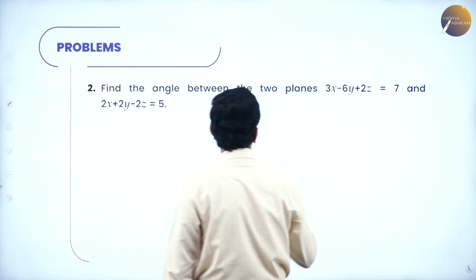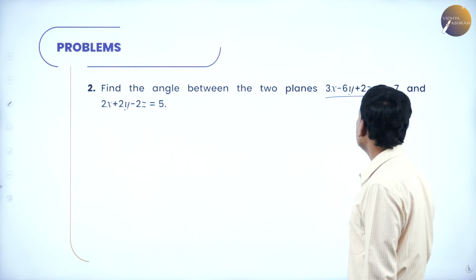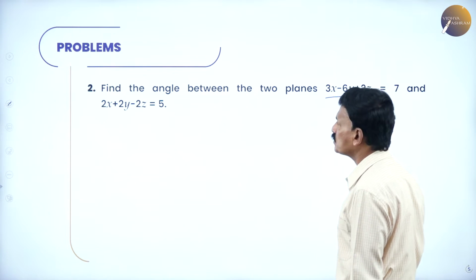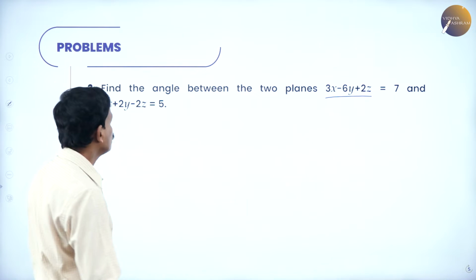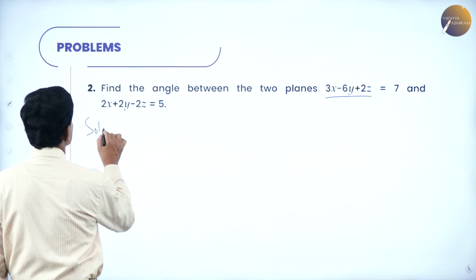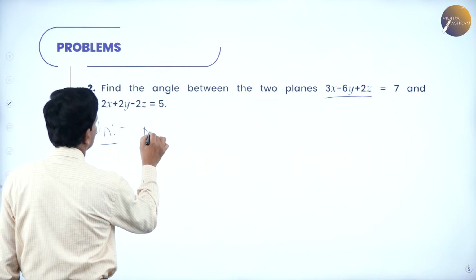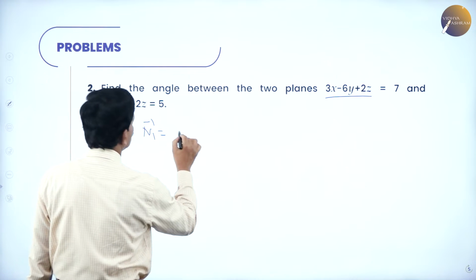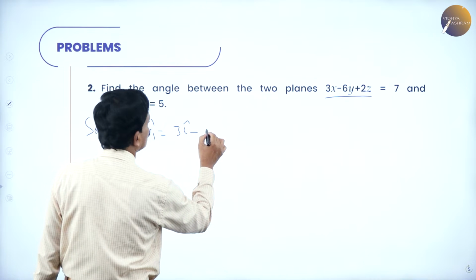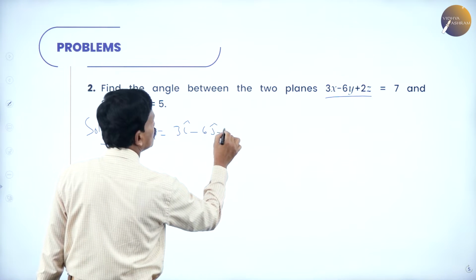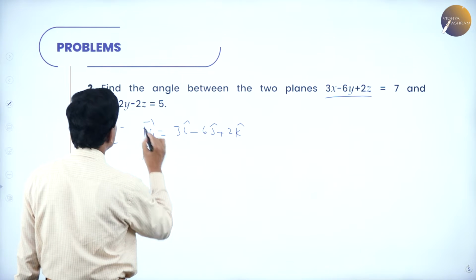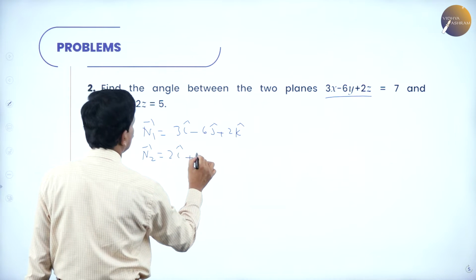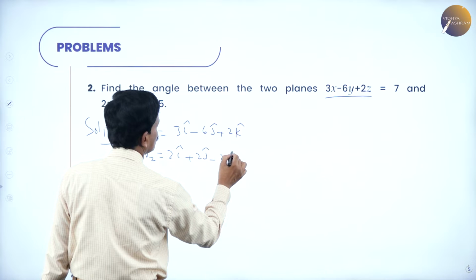Same: find the angle between the two planes 3x minus 6y plus 2z equals 7 and 2x plus 2y minus 2z equals 5. What is given? Vector n1 is 3i minus 6j plus 2k and vector n2 is 2i plus 2j minus 2k.